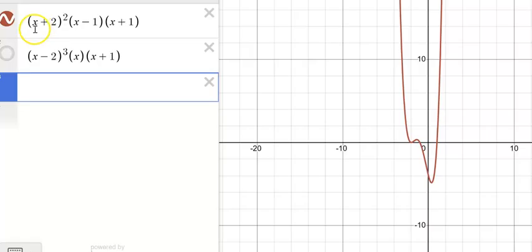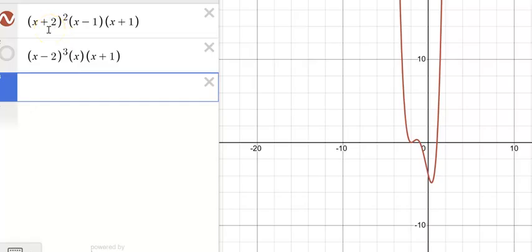If you look here at this particular graph, I just made it up, but the polynomial has the factors x plus 2 squared times x minus 1 times x plus 1. So there are actually 4 factors here. There's an x plus 2 times an x plus 2 times an x minus 1 times an x plus 1. But this x plus 2 repeats itself, right, because it's squared.